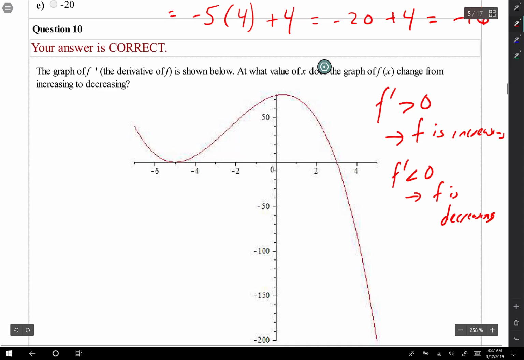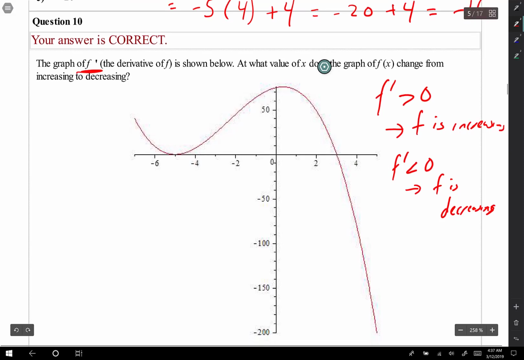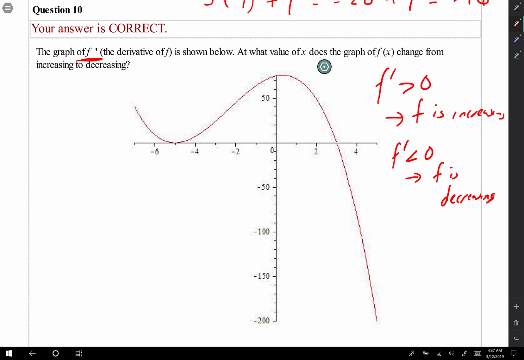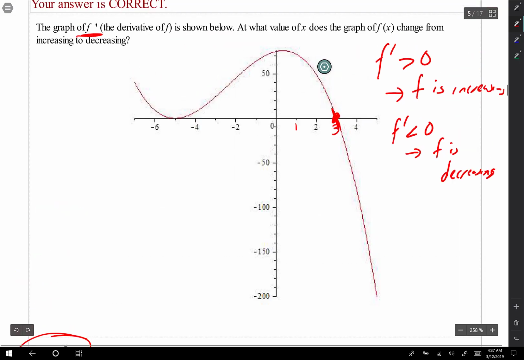They're telling me this is the graph of f prime. So I'm looking where it goes from positive to negative. It looks like it happens right there. And that looks like, let's see, 1, 2, a perfect 3. So there it is, 3. This person got it right.